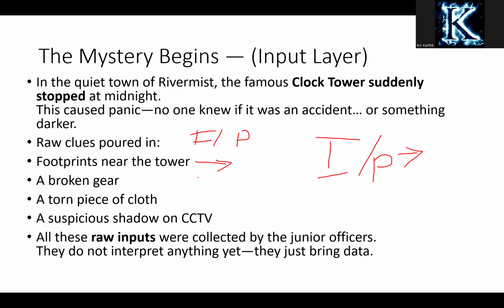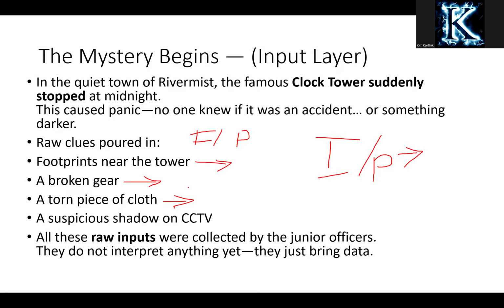And there are certain clues available at the clock. A broken gear was there. This is one of the most important elements. There is one broken gear and one piece of cloth available in the clock tower.